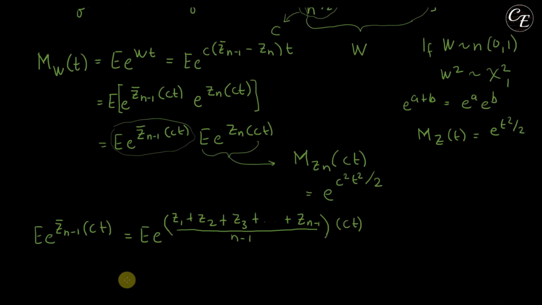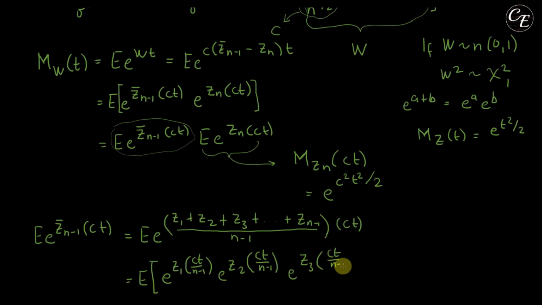So we have here expectation of e raised to z sub 1 times ct over n minus 1, times e raised to z sub 2 times ct over n minus 1, and then e raised to z sub 3 times ct over n minus 1, etc. until e raised to z sub n minus 1 times ct over n minus 1.